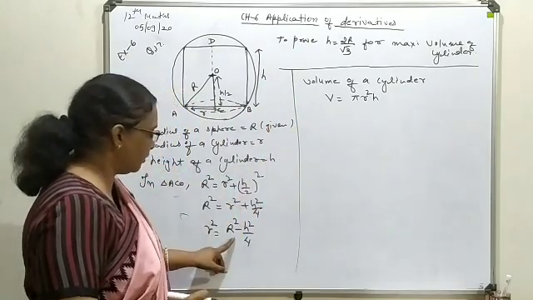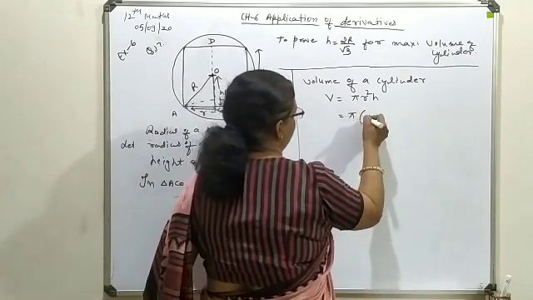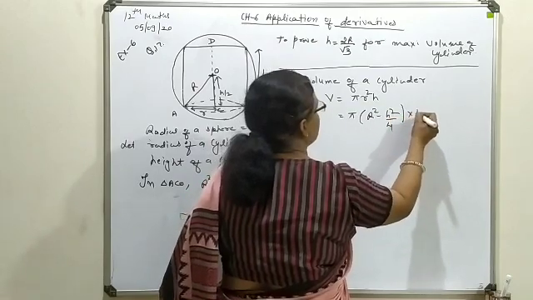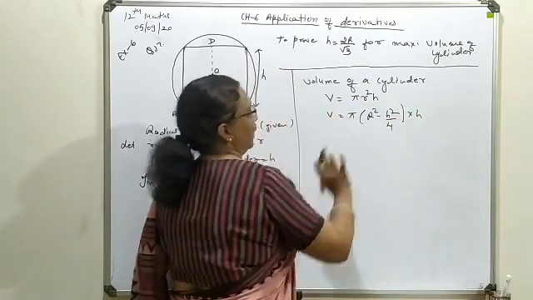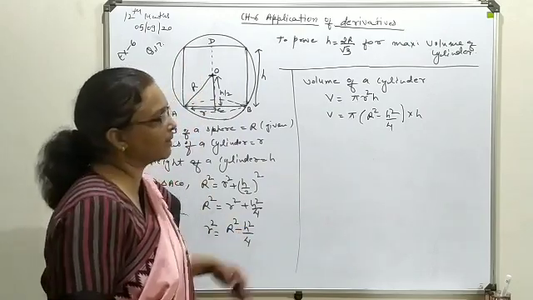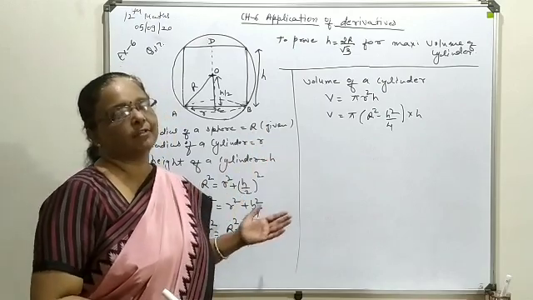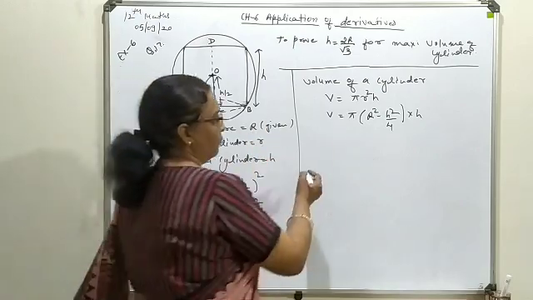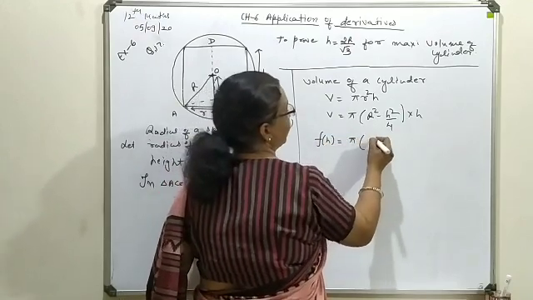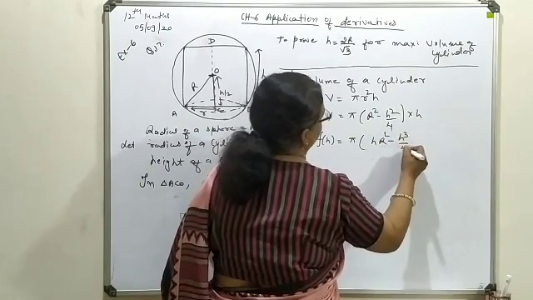Now replace this r square by the relation: pi into R square minus h square by 4, into h. Here R is the radius of the sphere, which is a constant quantity, so obviously h is a variable. So we can express this as a function of h for convenience: pi times h R square minus h cube by 4.